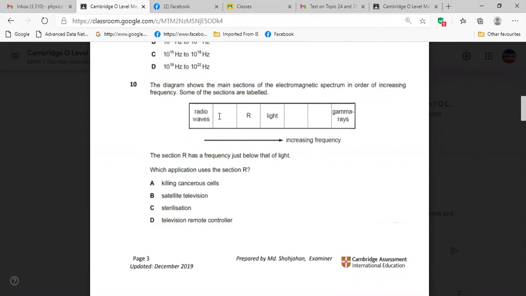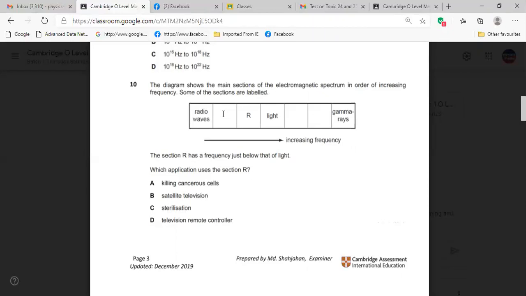After infrared, there is also one space. In between infrared and radio waves, what do we have? Check your notes. Yes, microwave. You should remember this order.